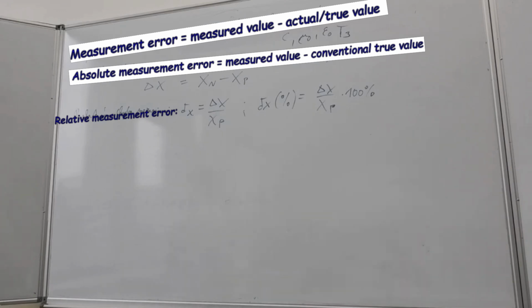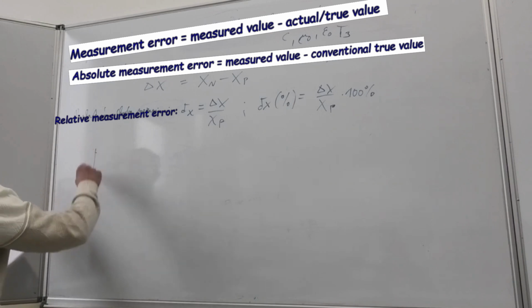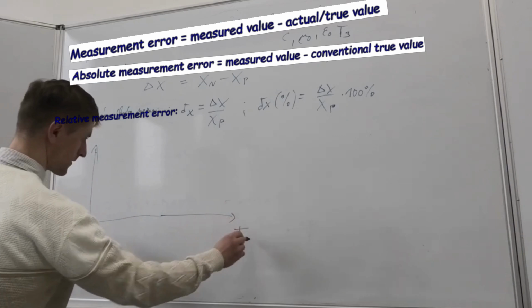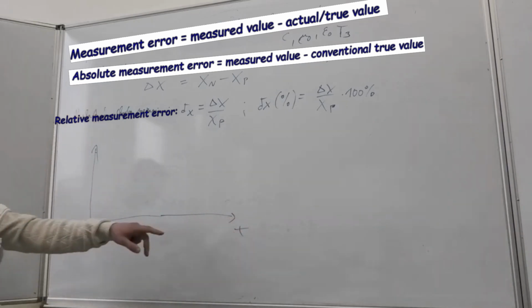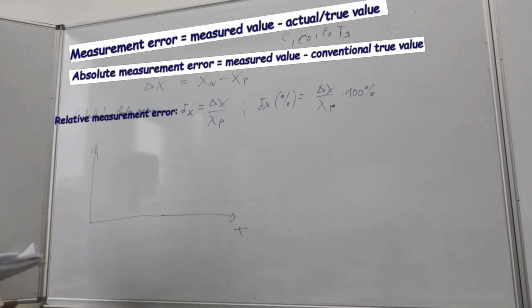Then there's the important concept of normal distribution of random errors. It is the Laplace-Gauss distribution, the Gaussian curve. Do you know the Gaussian curve? Let me demonstrate. This x is a randomly measured value of some measured quantity.